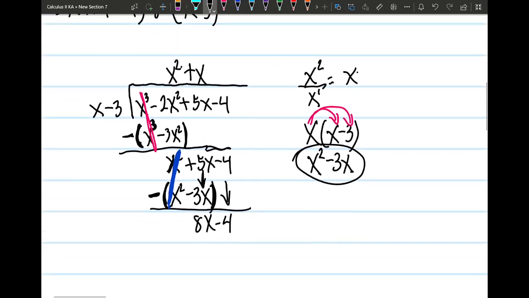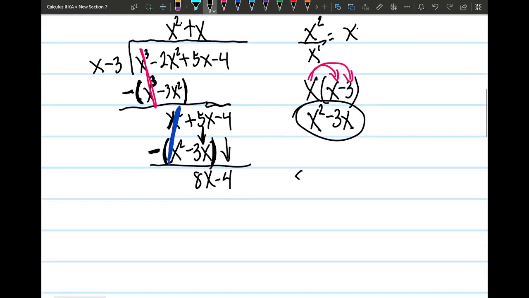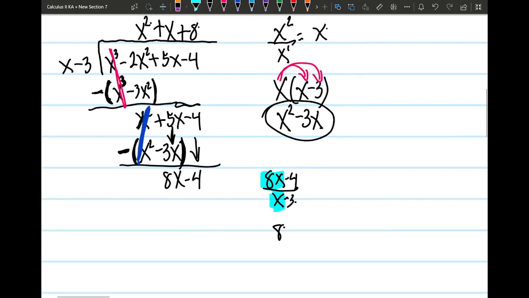And then finally, now we have 8x minus 4 over x minus 3. We always do the leading term, 8x over x, and that's really going to give me 8. So we would put plus 8 right here. Then when we multiply the 8, we have 8 times x minus 3, and again, distributive property.